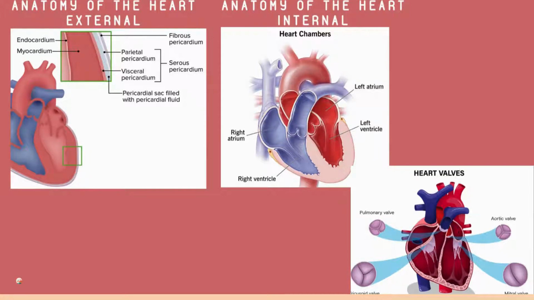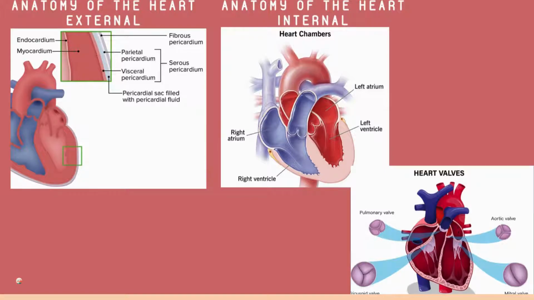Then moving on to the heart valves, which are also included in the internal anatomy of the heart. The valve present between the right atrium and the right ventricle is the tricuspid valve.